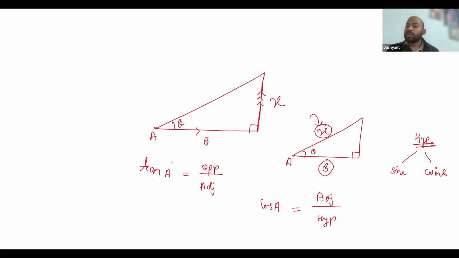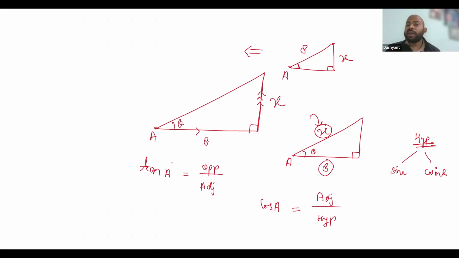If I have a triangle and this time I need to find out this x, but I have been given this hypotenuse 8, and the angle is the same, this is my angle A, which trigonometric ratio can I use here out of the 6? Please think about it and then answer me.